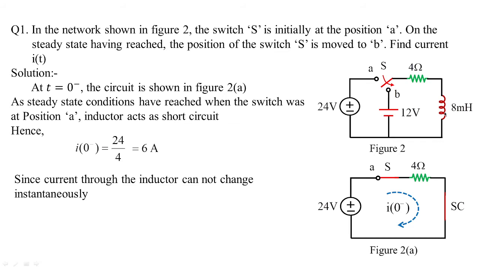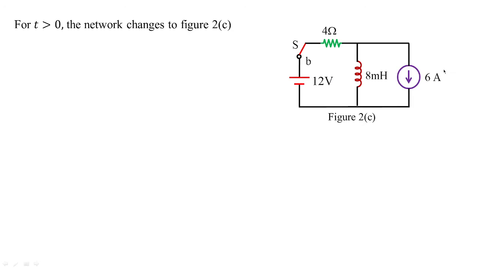It has some current. The value of current is 6 amperes. And the current which is 6 amperes, it is flowing in the inductor. And this we have to take in our mind. Means what? इंडक्टर के अंदर जो भी करंट फ्लो हो रहा है वो है 6 amperes. That is the condition when it is moved from A to B.